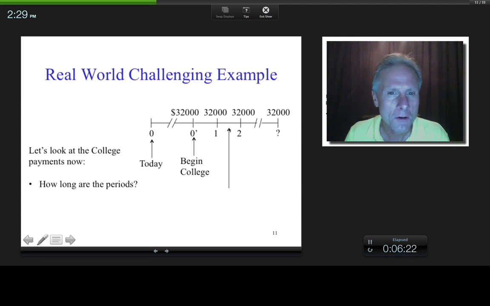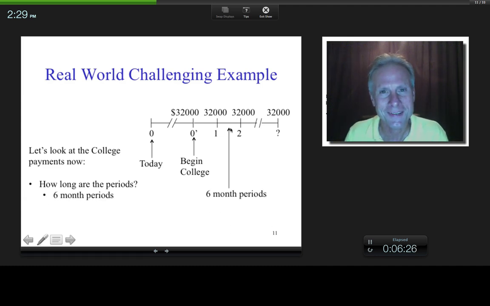In which case how long do these periods have to be? Well, they're 6-month periods, right? And how many of these payments do we have? Well, they said they would fund 4 years, correct? And they're 6-month periods. So how many payments is that in total? That's 8, right? So there's 8 of these 32,000s.